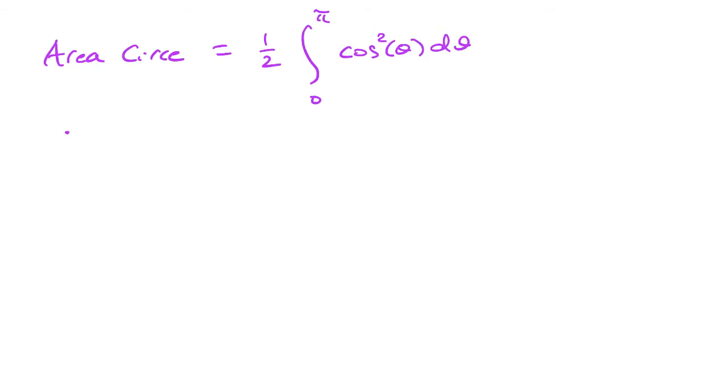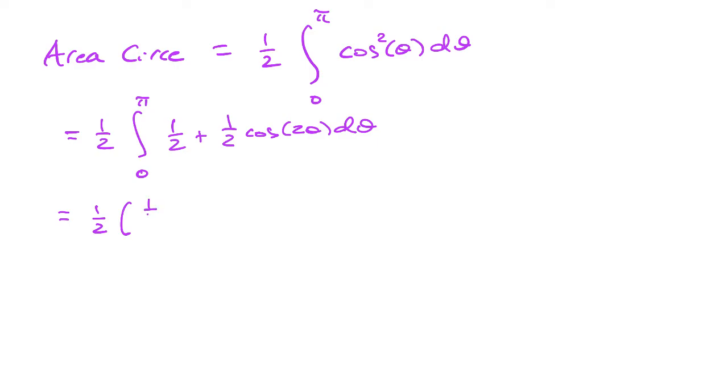So again, using our power reduction formula, we have the integral from 0 up to pi of 1/2 plus 1/2 cosine of 2 theta d theta. So we have 1/2 times 1/2 theta plus 1/4 sine of 2 theta, evaluated at 0 and pi.